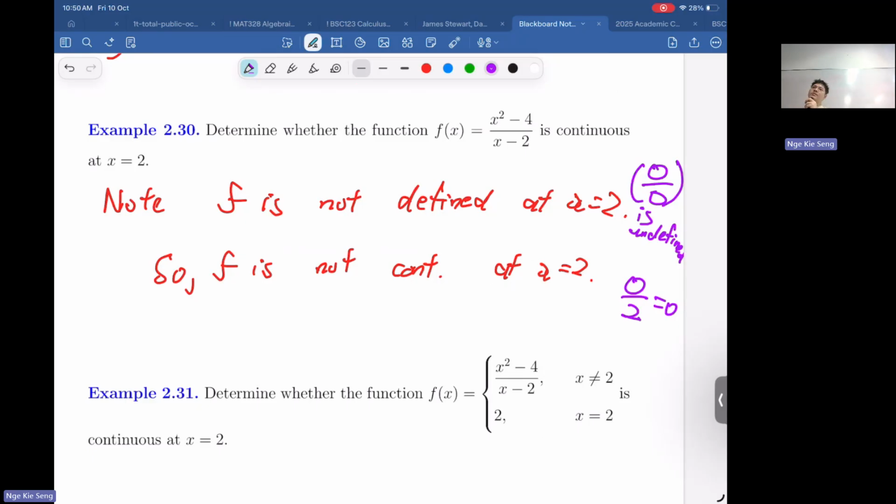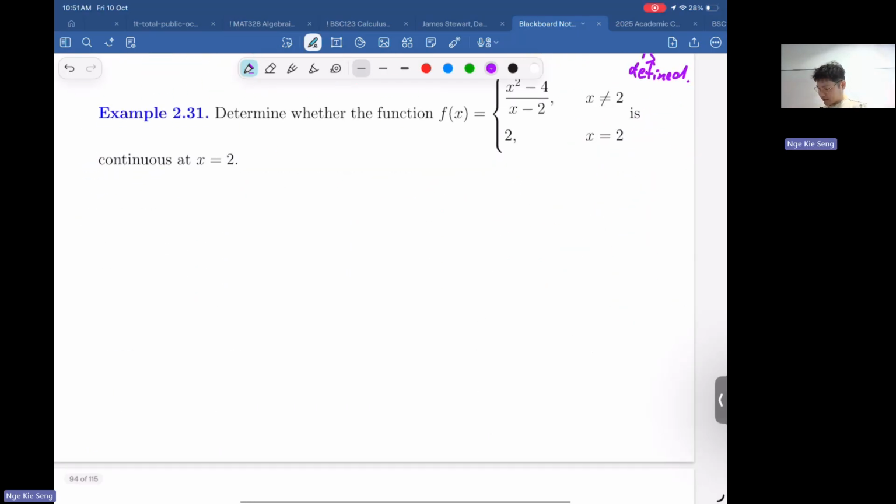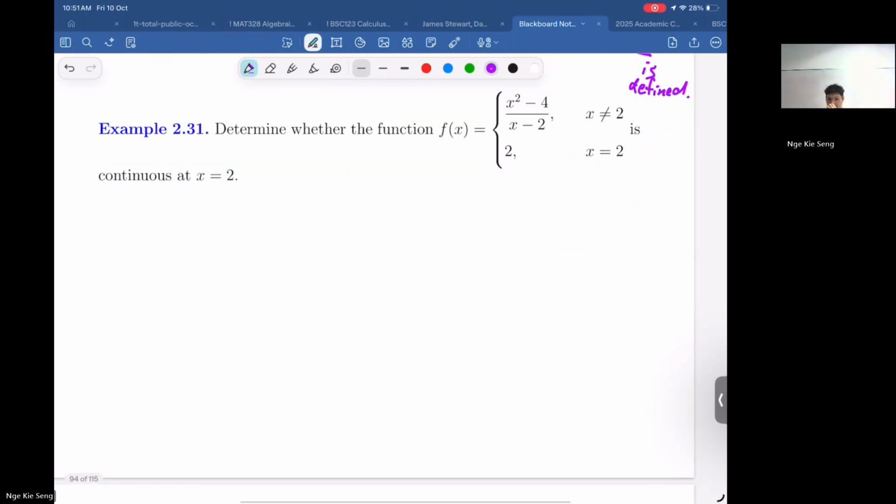The problem is you cannot divide by nothing. It's not about nothing divided by something. Anything divided by nothing is not defined. So 0 divided by some finite number is defined. These are the small things you need to keep in mind.